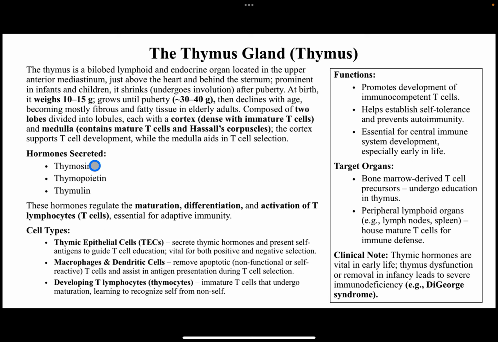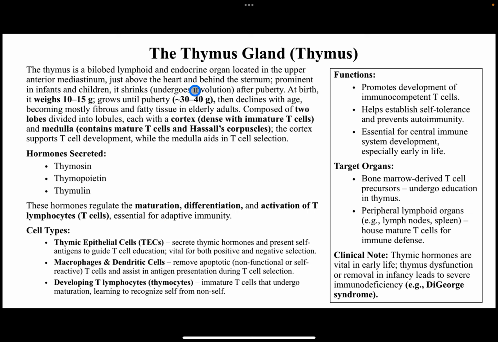That is why we can say that together, the hormones produced by the thymus gland help regulate maturation, differentiation, and activation of T cells or T lymphocytes. You get, so the thymosin helps in maturation and differentiation, thymopoietin helps in differentiation, and then thymulin helps in activation of the T lymphocytes. And all these processes are essential for adaptive immunity.